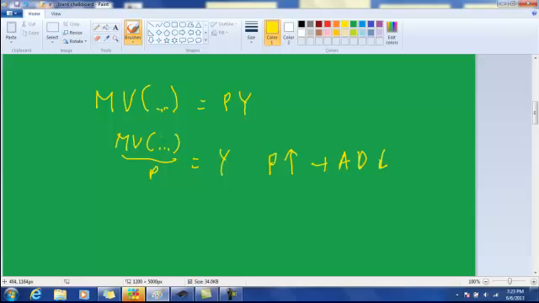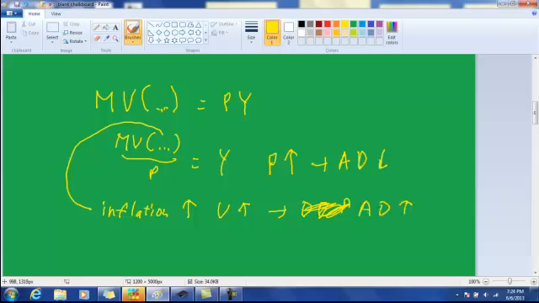But remember, there's stuff inside here, and inside here is inflation. As inflation goes up, velocity goes up, and therefore aggregate demand goes up. So what does that mean?